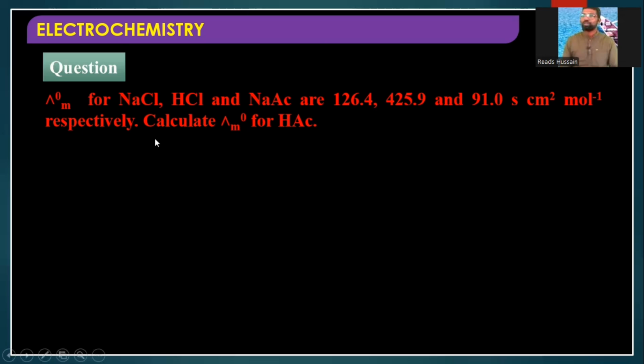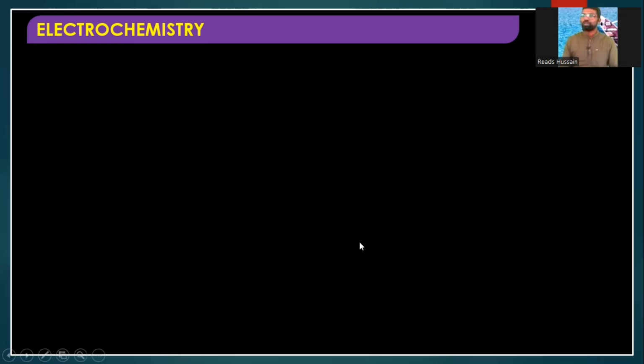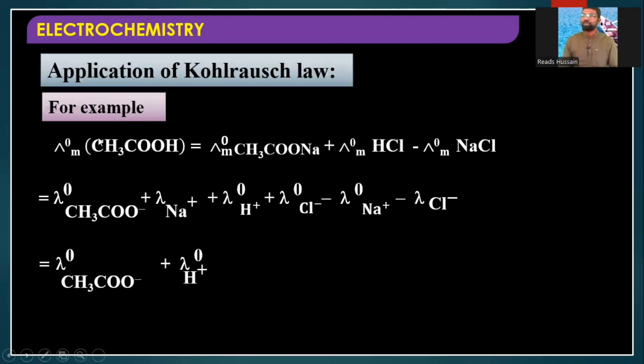How to find the limiting molar conductivity of acetic acid? What is the formula? Go back. To get the limiting molar conductivity of acetic acid, you have to add sodium acetate and HCl. You have to subtract NaCl. Note down this point.